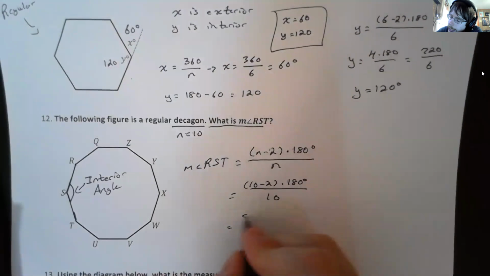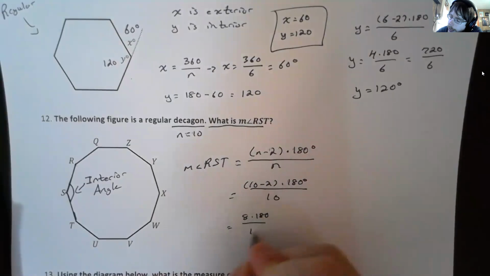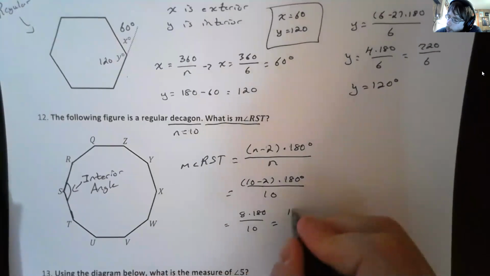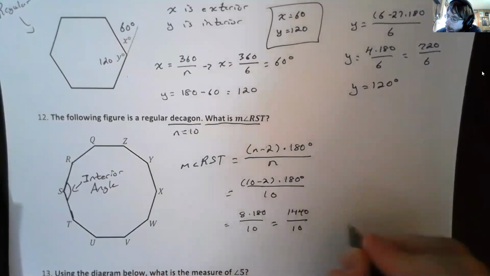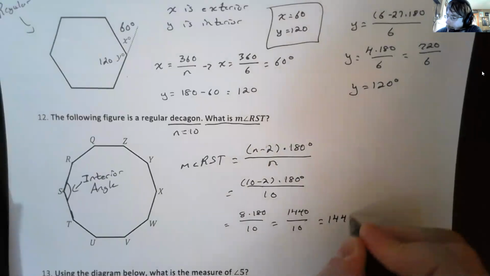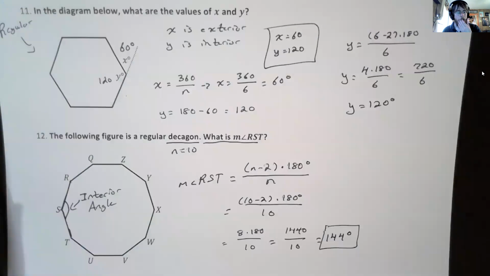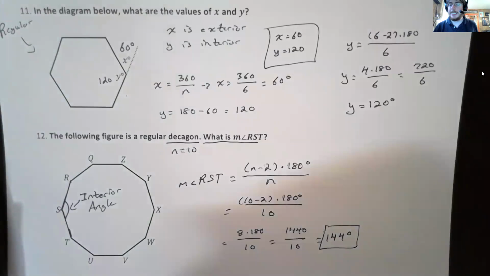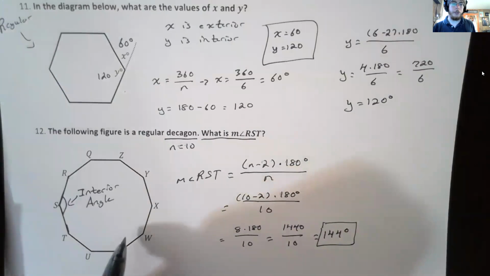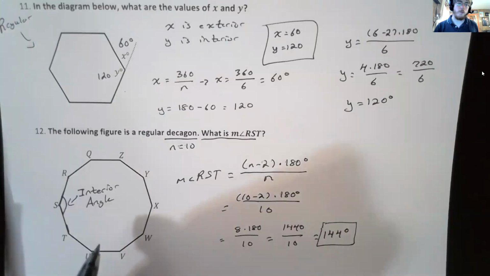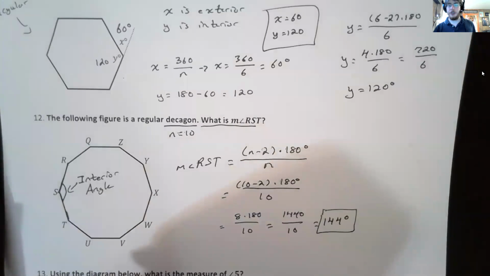So this will give you 8 times 180 over 10, which will be 1440 over 10, which is 144 degrees. And you can verify all of that in the calculator. I just have to go through it a little bit quicker. And in fact, any of these angles would have been 144 as well, because they're all congruent.